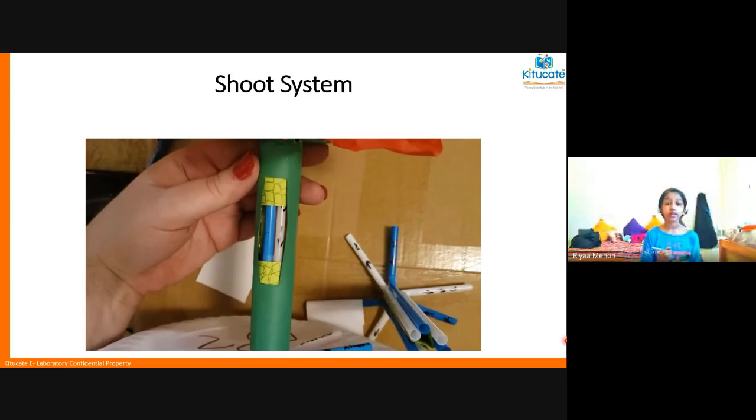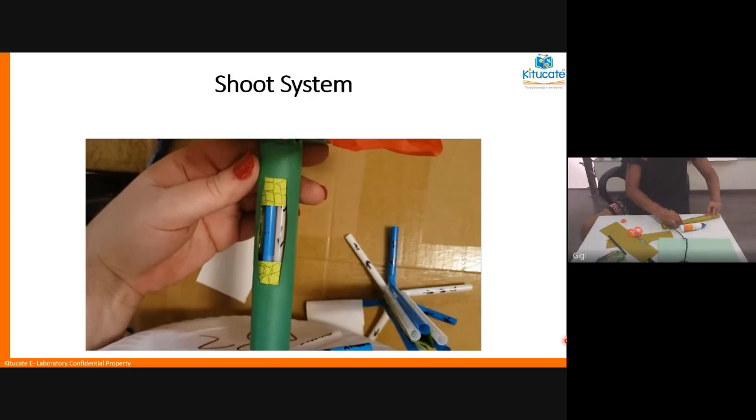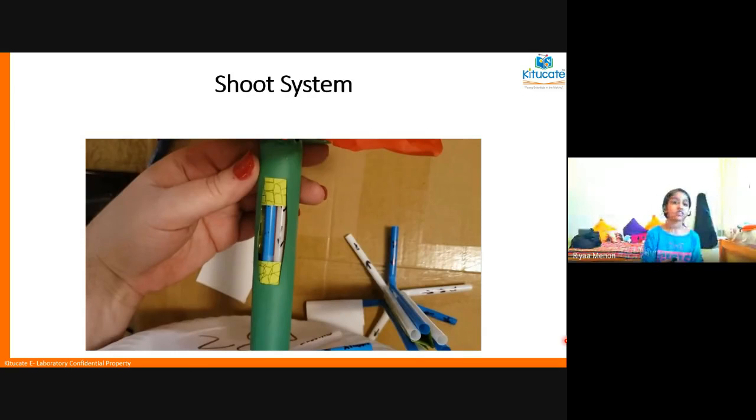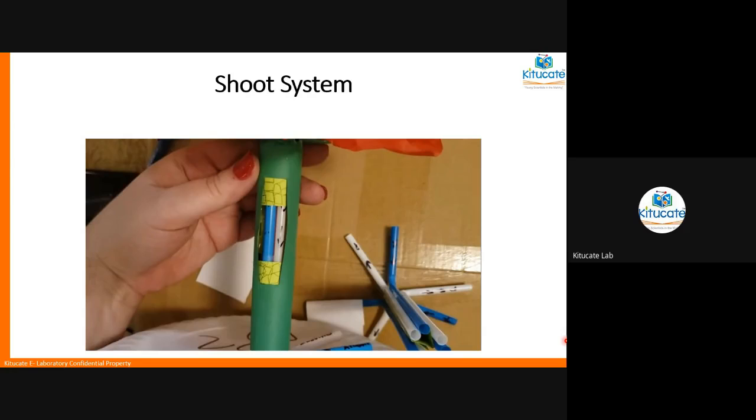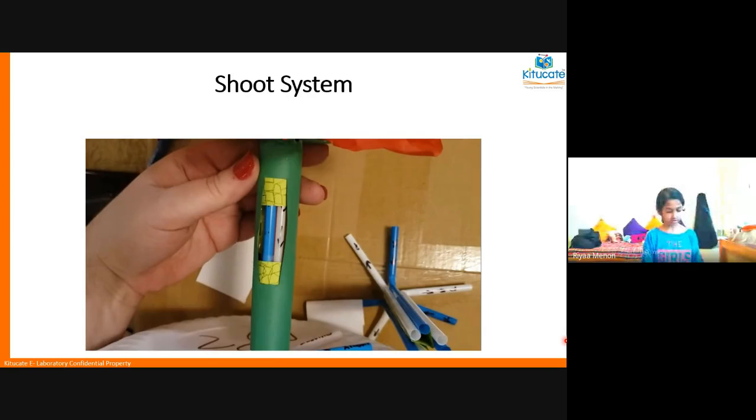Yeah, so how do I make that? Those who do not have a flexible straw need not make that. Those who have flexible straws can make that. I think this is the flexible side.